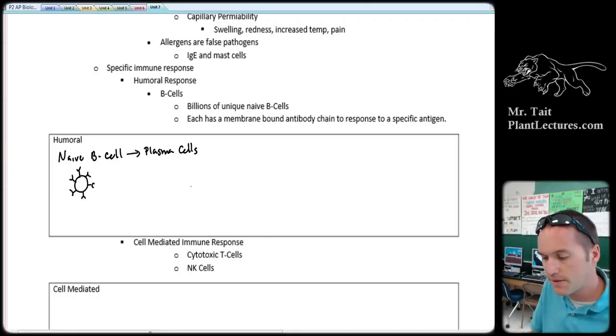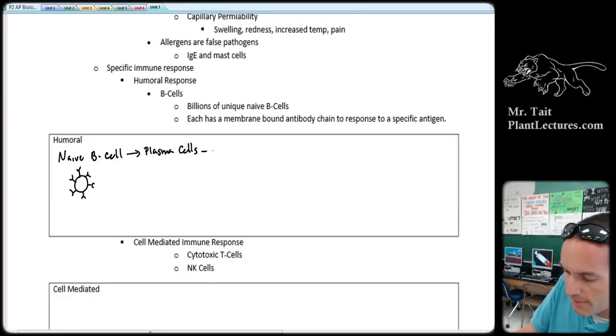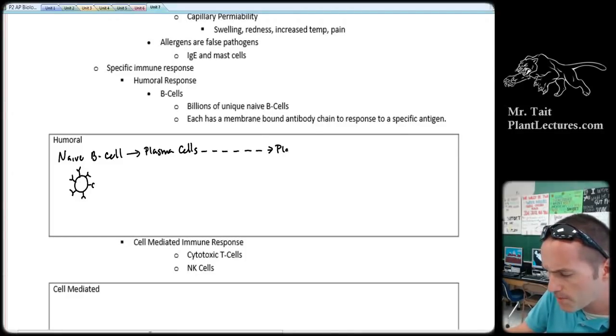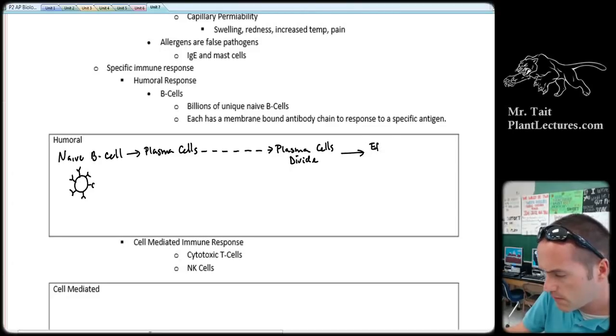these activated B cells, and the plasma cells then have to wait for a signal before they can divide. And they can divide up into two different types of cells. Plasma cells divide, and the types of cells that they're going to divide into are called effector B cells and memory B cells.